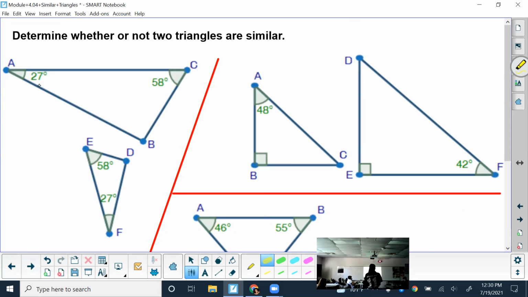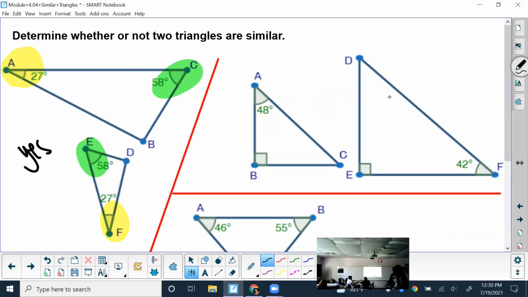What angle does A correspond to? Corresponds to F, I would agree. What angle does E correspond to? Good. And if I tilt the other triangle, that does match up correctly. So are those first two triangles similar?